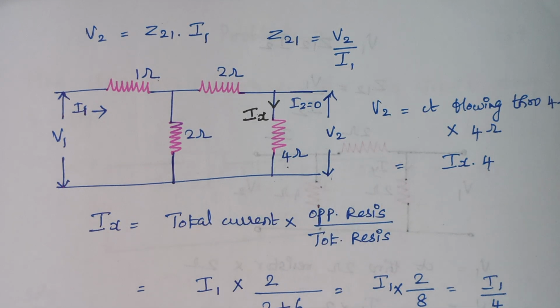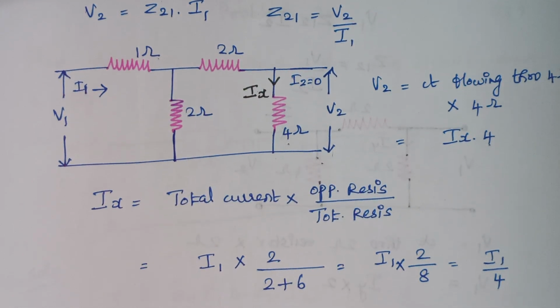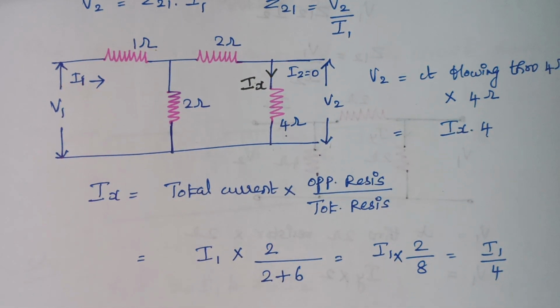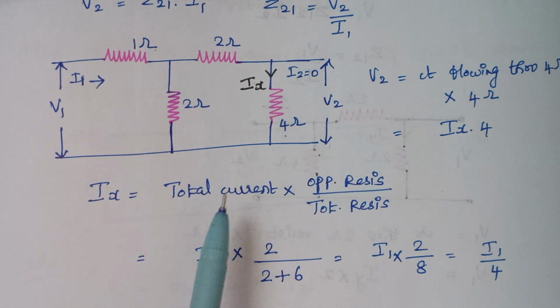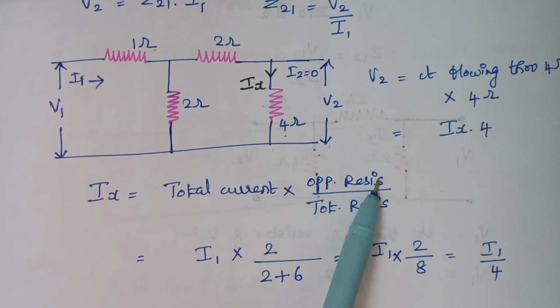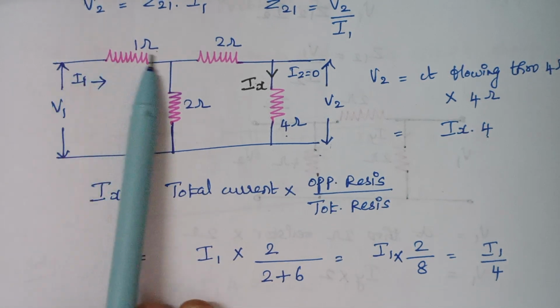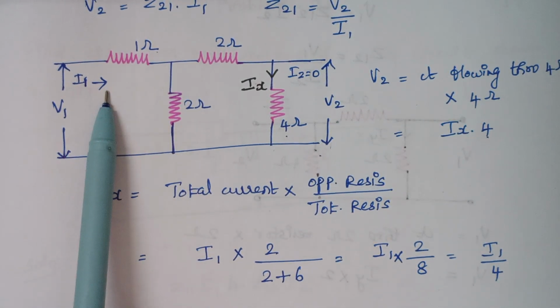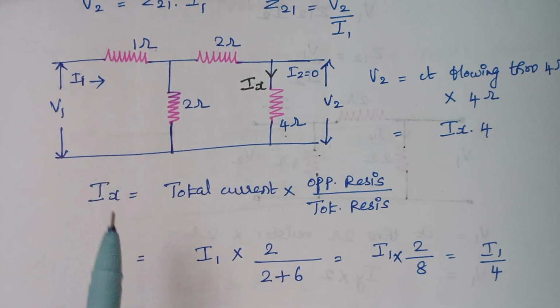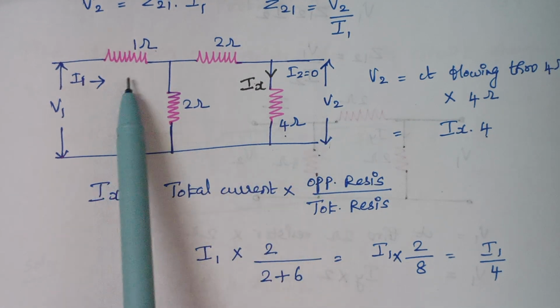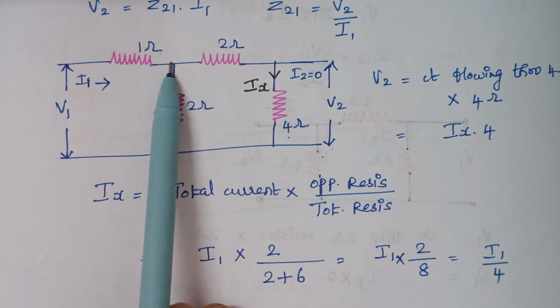Right. Now to find the value of Ix, we are using the current division rule. What is the current division rule? It is total current into opposite resistance divided by total resistance. Here what is the total current? I1 is the total current, into the opposite resistance. You see the current flows like this, right?